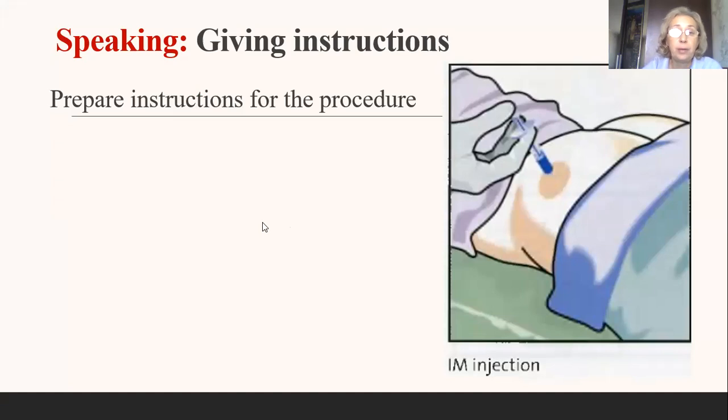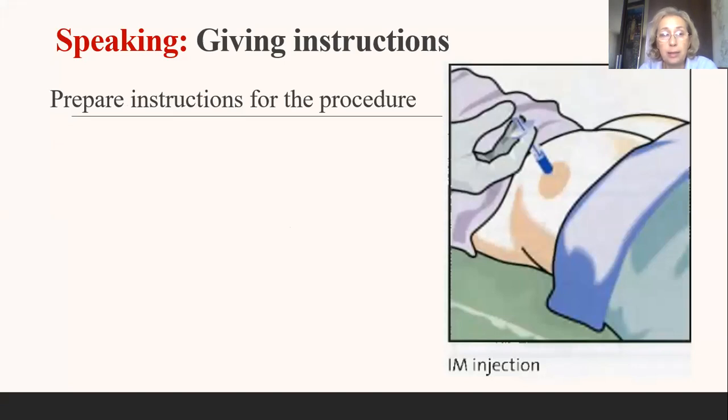Let us have a look at the picture here and what kind of procedure we are going to describe. Do you see? This is IM injection. What does IM mean? Intramuscular. Intramuscular injection.